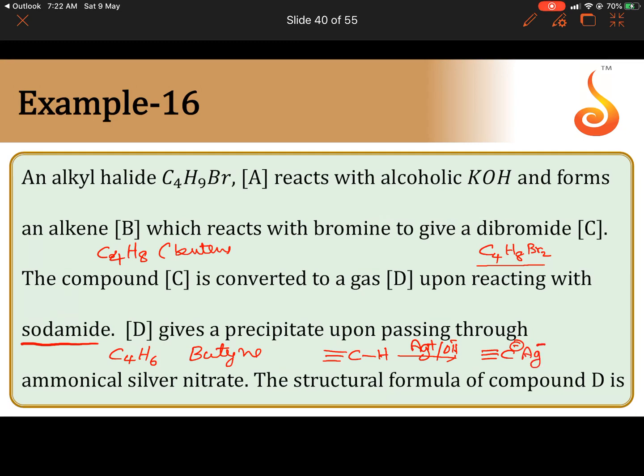Silver alkynide is the precipitate. So for C4H6, we have to find out the structural formula of the compound D. It should have the triple bond at the terminal carbon. So one by one we can write the reactions.